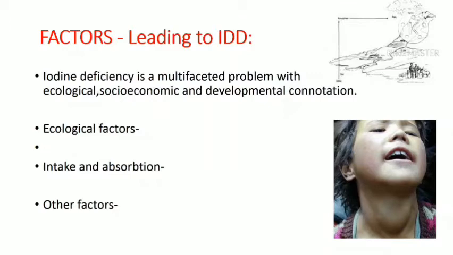Globally, 1.88 billion people are at risk of iodine deficiency. About 241 million school-age children in the age group of 6 to 12 years have reportedly poor iodine intake, of which nearly 32%, approximately 76 million, live in Southeast Asian countries.